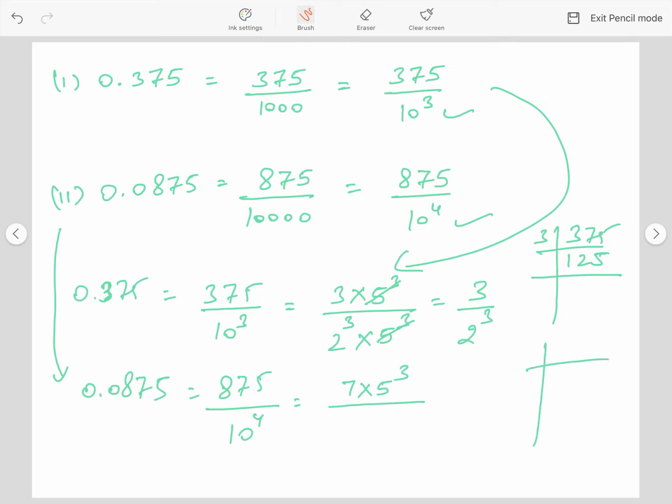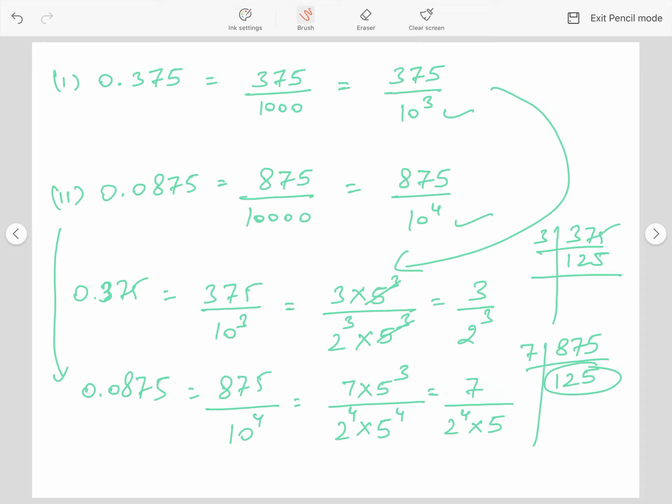See how: dividing 875 by 7, we will get 125. Again, 125 is the cube of 5, so we can write 7 into 5 raised to the power 3, and in the denominator we can write 2 raised to the power 4 into 5 raised to the power 4. We can cancel out the powers of 5, so we will have 7 by 2 raised to the power 4 into 5.